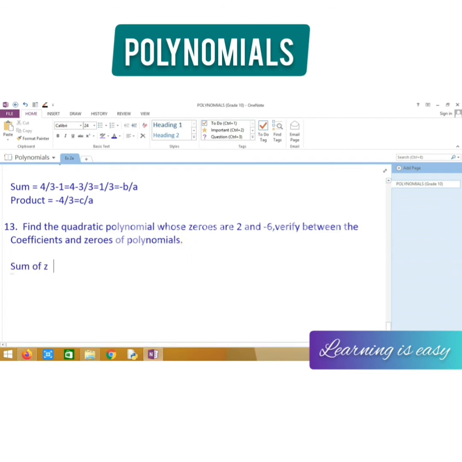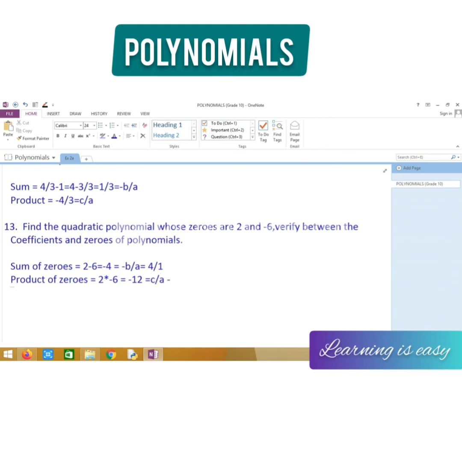So the sum of zeros, we can do with the given numbers, 2 minus 6. That's going to be minus 4, which is of the form minus b by a. So minus into minus 4 is 4 by 1. The product of the zeros is 2 into minus 6, which is minus 12, which is of the form c by a.